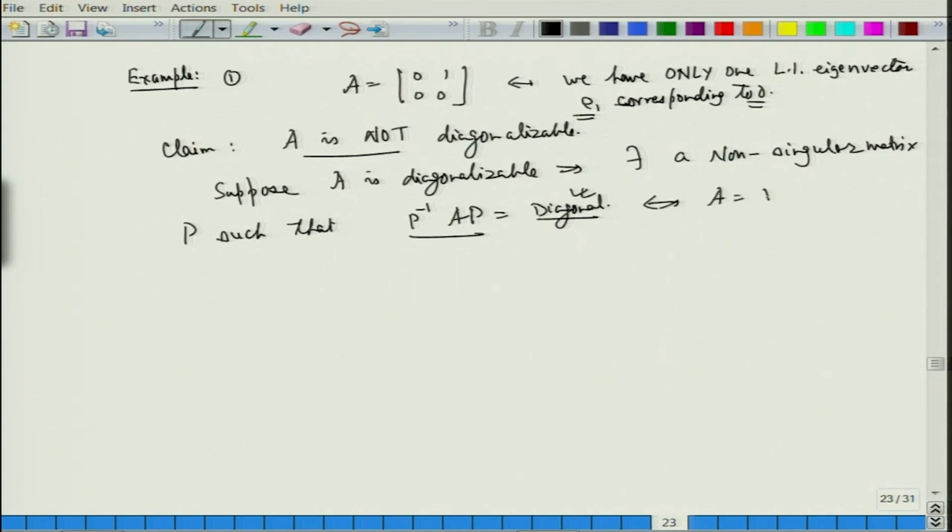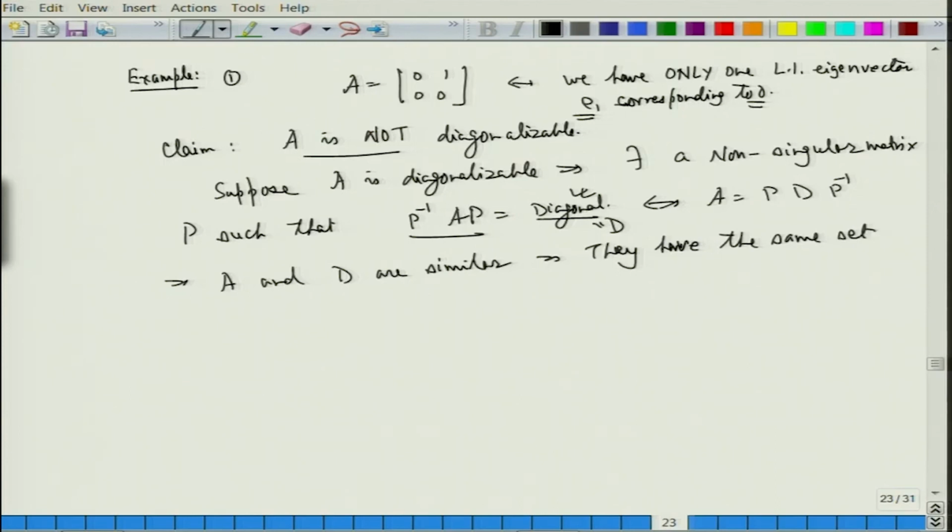A is nothing but P D P inverse. So this implies A and D are similar, which implies they have the same set of eigenvalues.